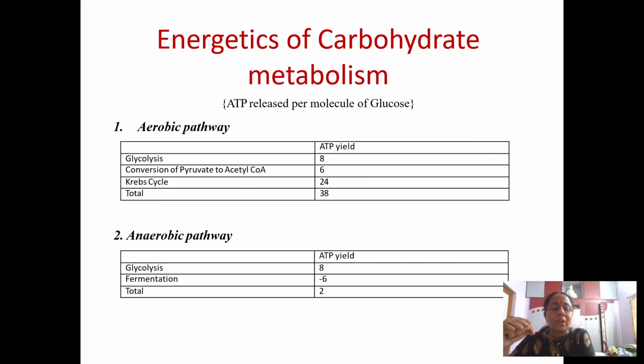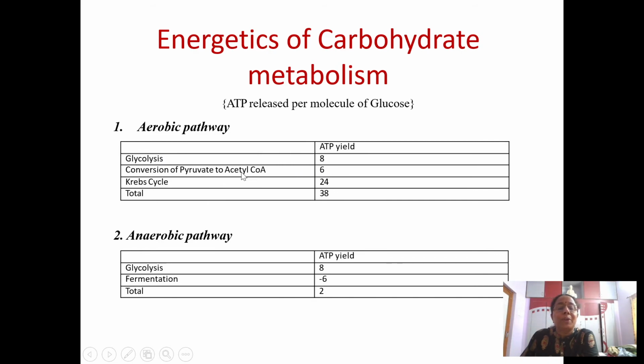So now, let us calculate the number of ATP released when a molecule of glucose undergoes complete degradation, which means you have to include glycolysis as well as the Krebs cycle. They'll ask you this for 4 marks. See, the aerobic pathway I have explained to you in the previous sessions. Glycolysis will give you 8 ATP.